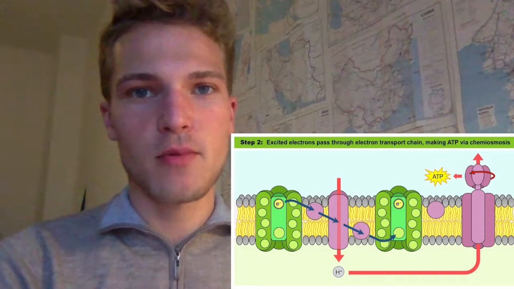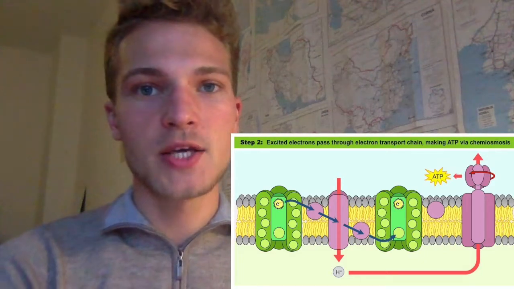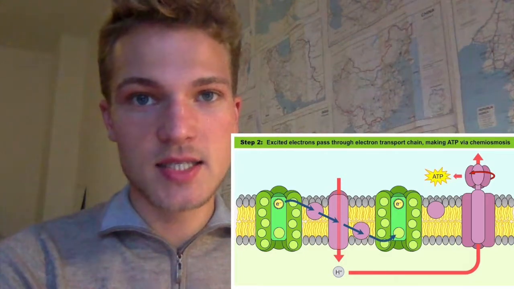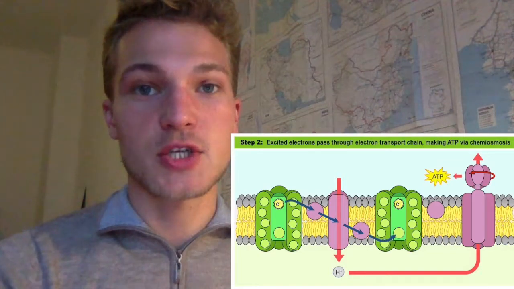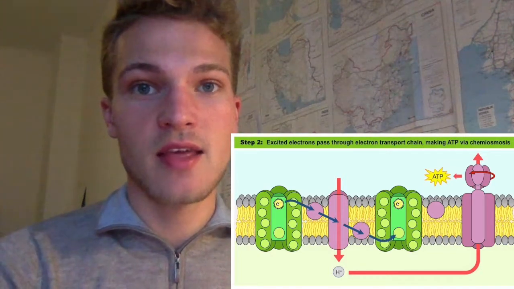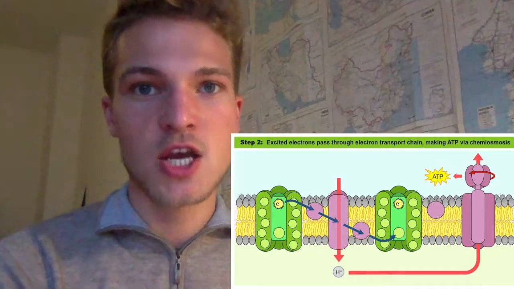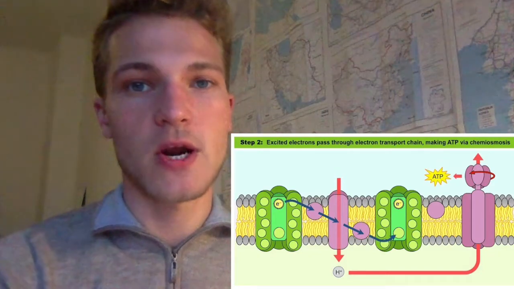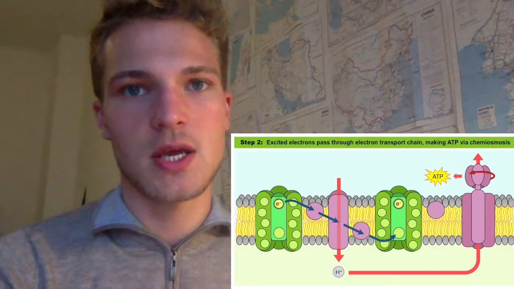We have a higher gradient there, and then later we can use that gradient of hydrogen ions. So we have a proton motive force. And as you hopefully remember from what we learned in cell respiration, that happens by using ATP synthase. That is a transmembrane molecule that is an enzyme that catalyzes the phosphorylation of ADP, adenosine diphosphate, to adenosine triphosphate. So we're adding the phosphate group, creating ATP, our energy currency of the cell.